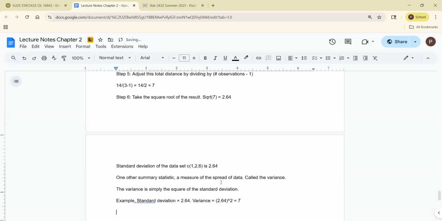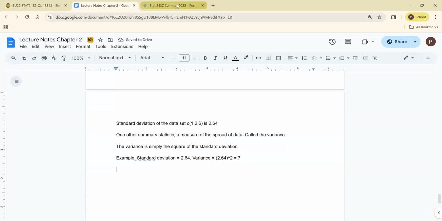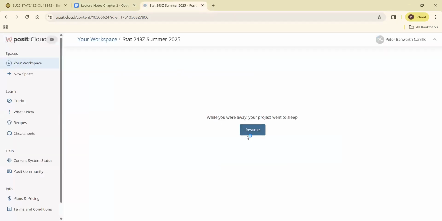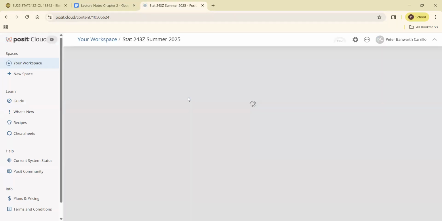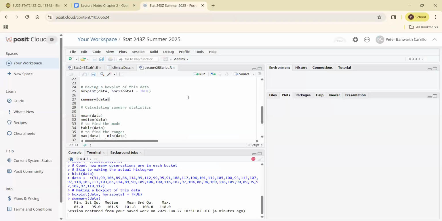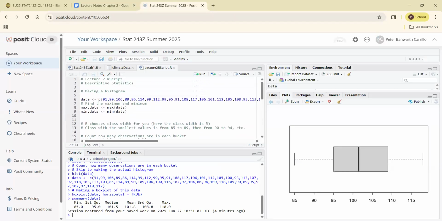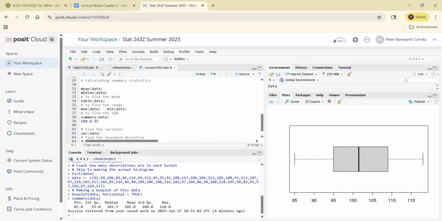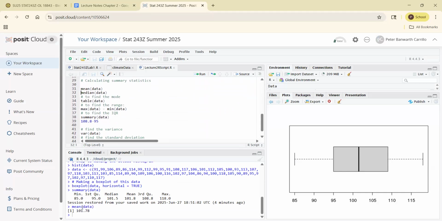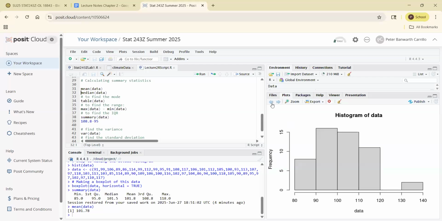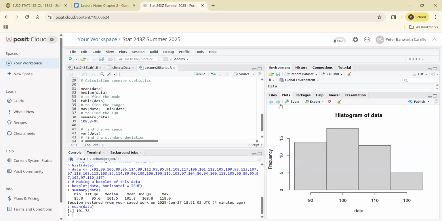So in R, you can do all of these very quickly and easily. Let me just show you the code. We're going to use our 50 observation data set. And we find the mean of the data, 101.78. Now let me bring up the histogram. This one here.